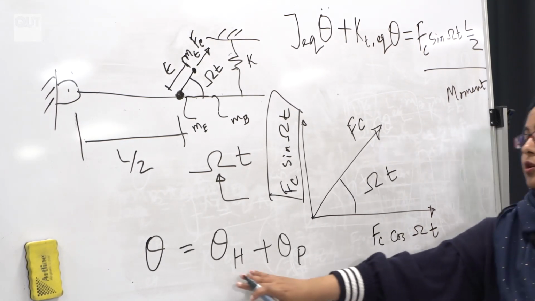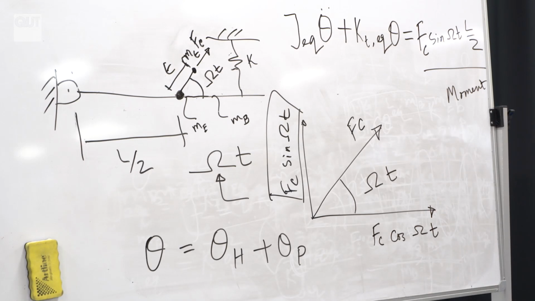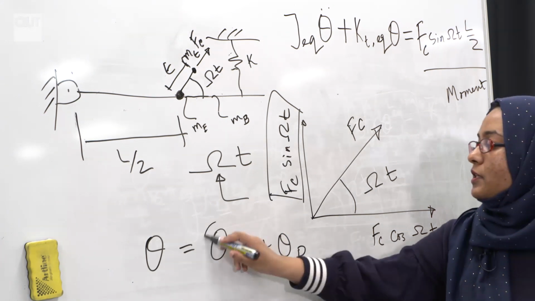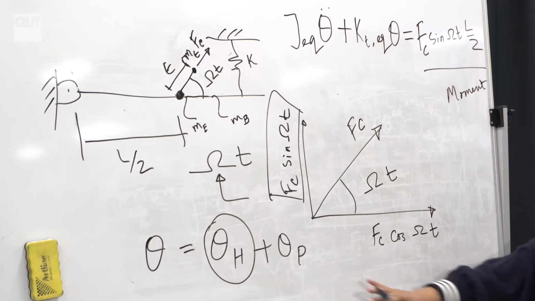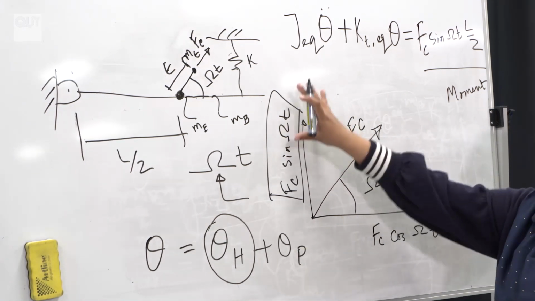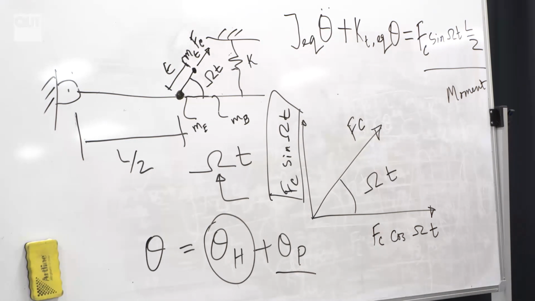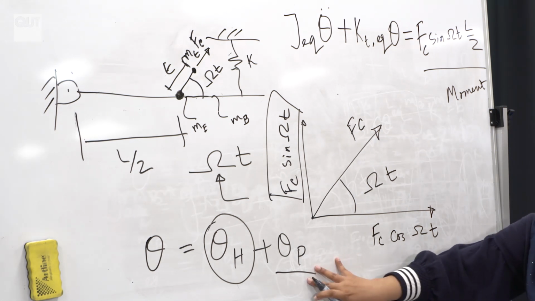The homogeneous solution refers to the free vibration. If you remember, once we disturb the system, the amplitude damps out. That means after a while this part will cancel out. The only part acting on the system will be theta p, the particular solution. So, for a forced vibration system, we need to consider the particular solution.